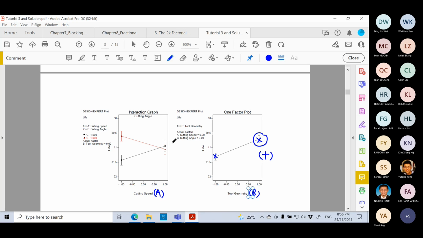So if you want to have a high life, we should consider the interaction here. If you want to get the highest, then this one should be high here. Then C at the red color is C at the positive side.